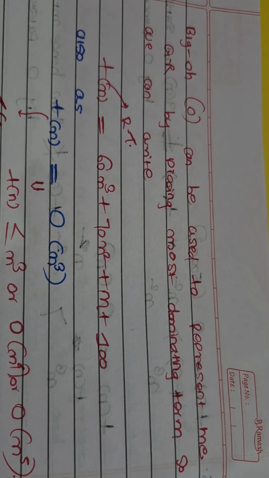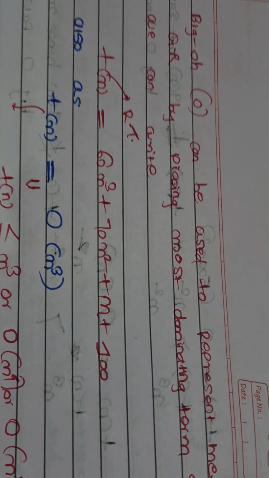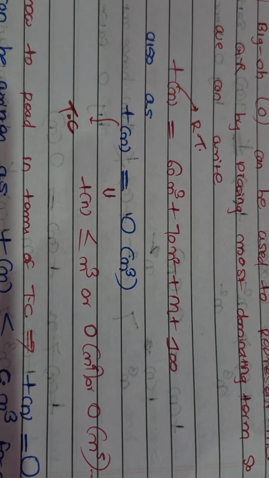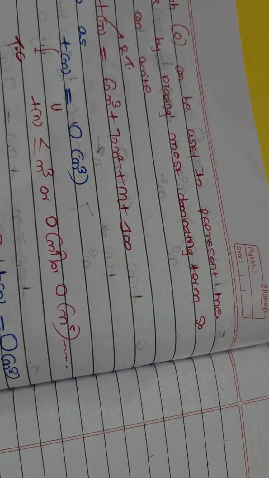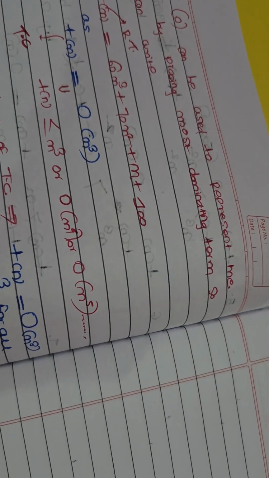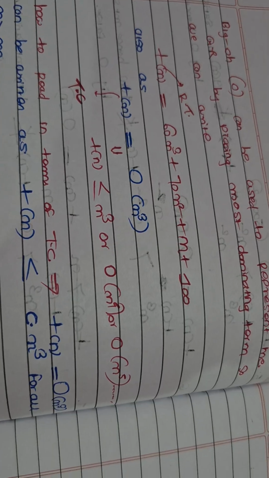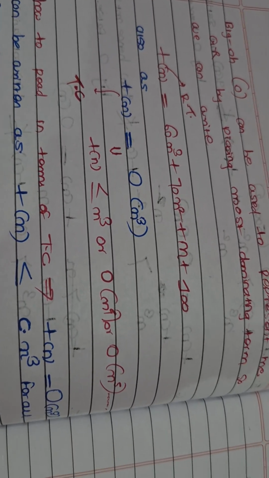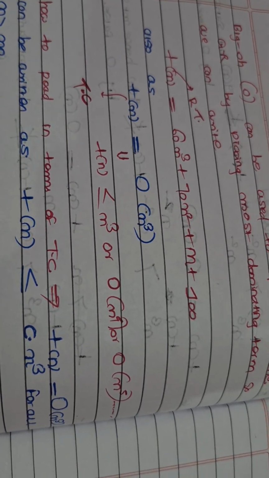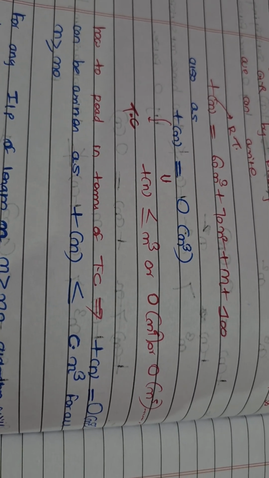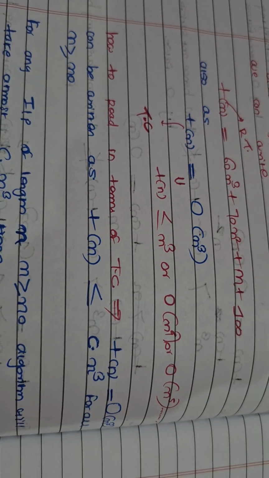Also, as T of n is equal to big O of n cube, this is the most dominating term, and it would be T of n less than or equal to n cube, and so on. After n cube it would be less than or equal to any power, like n raised to 4, n raised to 5, and so on. So T of n is the time complexity here, written as big O of n cube.